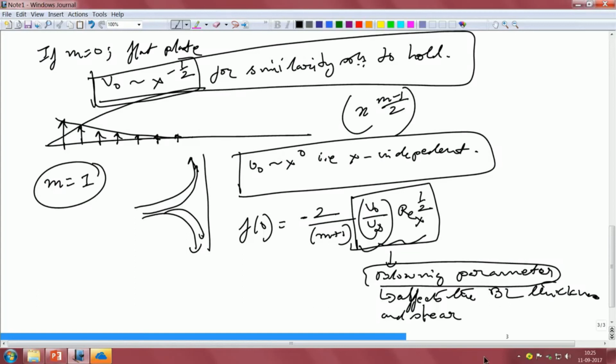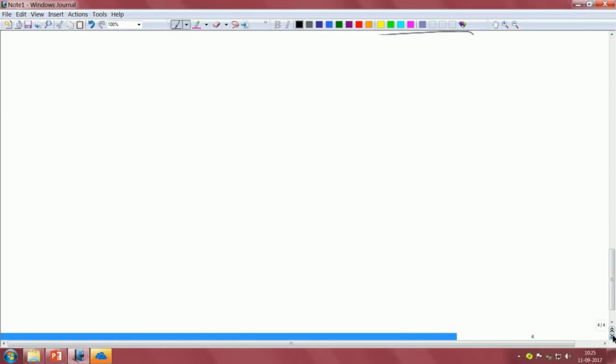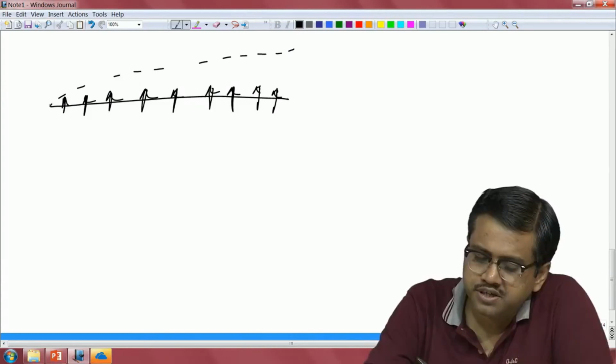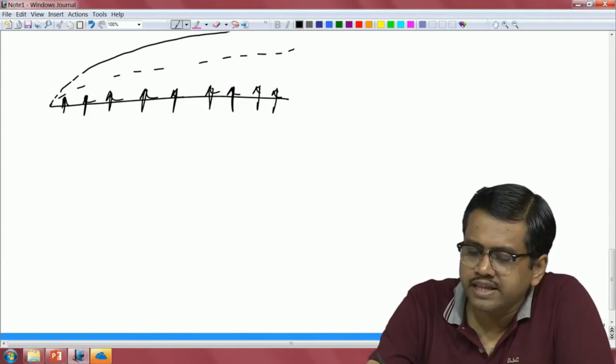Now, how does suction and blowing actually play a role? Physically, intuitively, say there is a blowing happening like this. What do you expect? Initially, the boundary layer is something like this. With blowing, when you actually pump in momentum in that upward direction, the boundary layer is supposed to go like that.